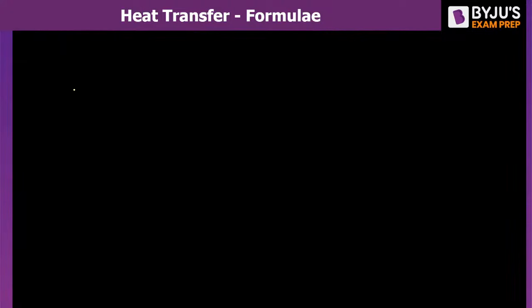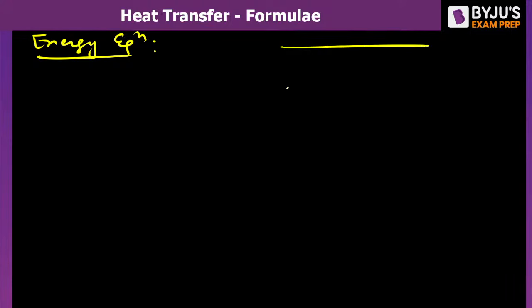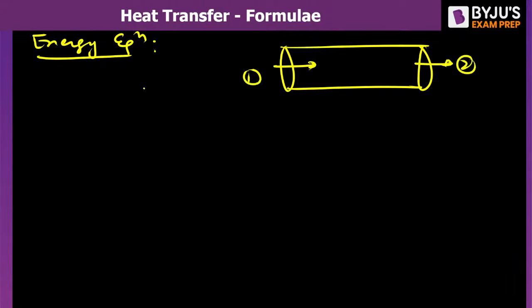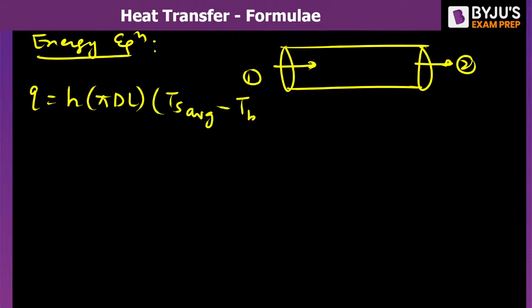Then we also define the energy equation. Now look, how to write the energy equation. If this is a pipe, this is section 1, this is section 2. So we can say Q is equal to h into A, or h into pi D L, into Ts average minus Tb average, is equal to m, the mass flow rate of the fluid, into C of the fluid into Tb2 minus Tb1.